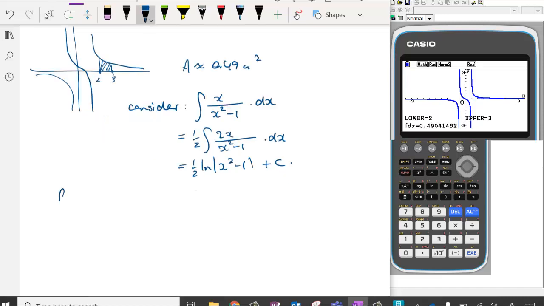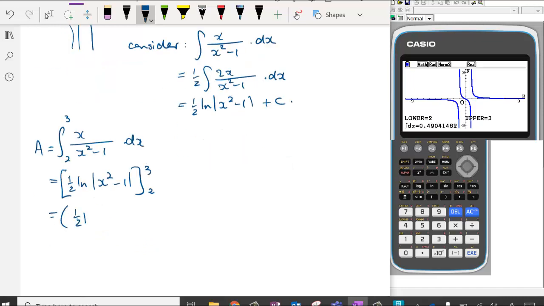So when I'm looking at the integral of x over x squared take 1 with respect to x between 3 and 2 as my area, it will be 1/2 ln x squared take 1 between 3 and 2.